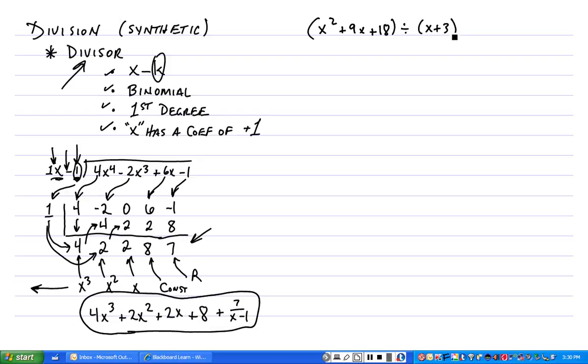Okay, so your form, well, before you put in the form, you write x plus 3, x squared plus your 9x plus your 18.